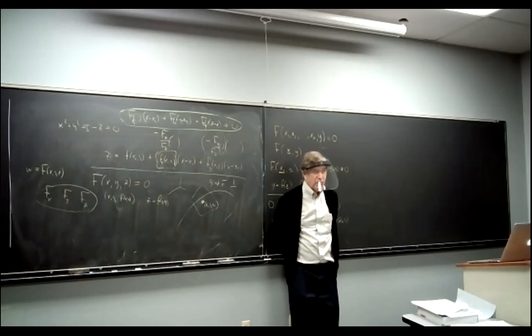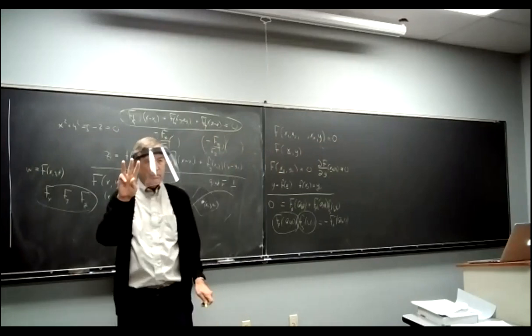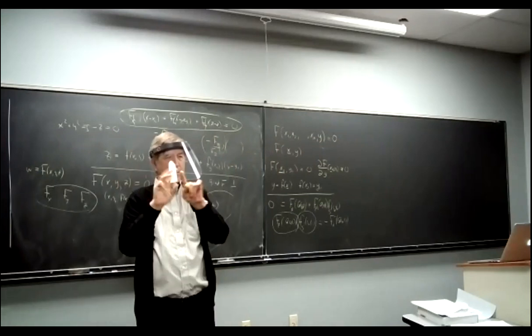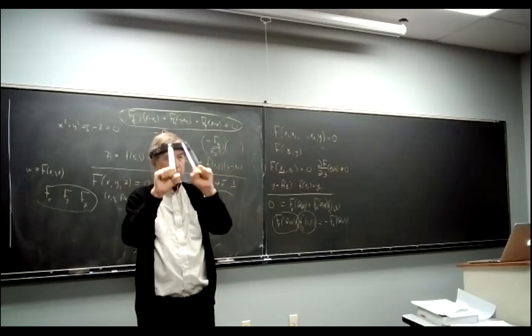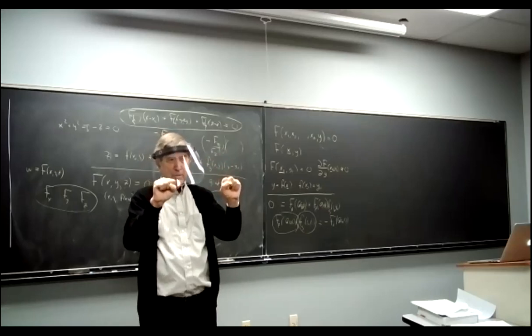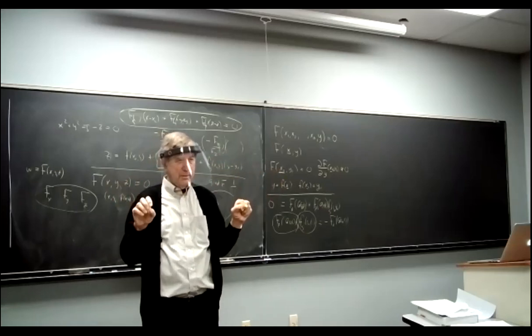We get a second way to compute a tangent plane. If you have an equation of 3 variables, you differentiate the function with respect to the 3 variables. You get 3 numbers when you plug in the point. Those 3 numbers are a normal vector. And if you put them in with x, y, and z, you get the tangent plane.